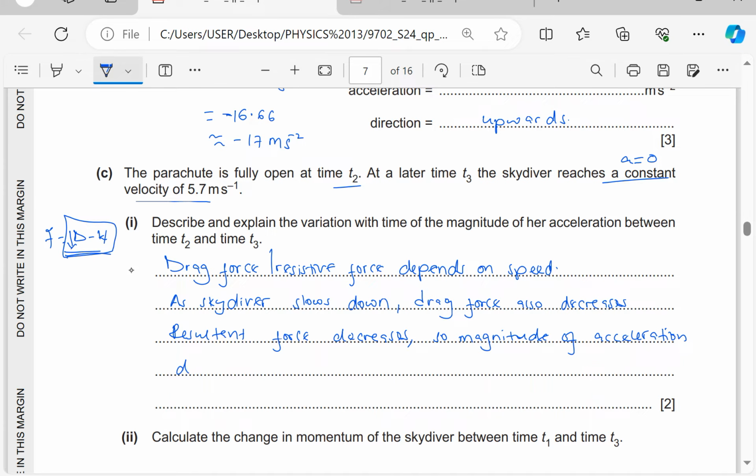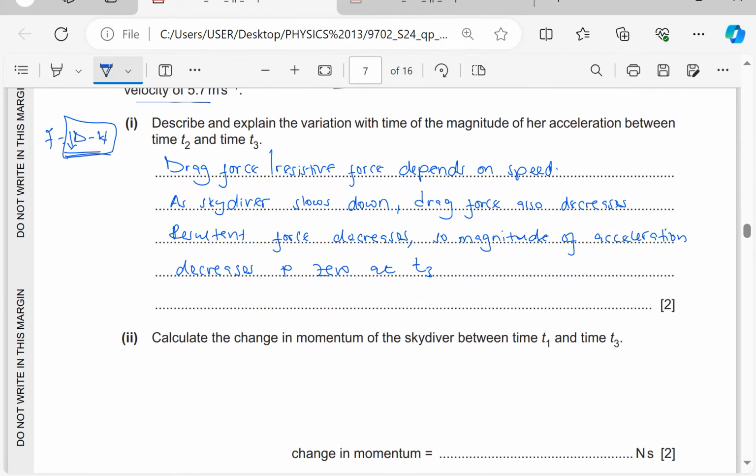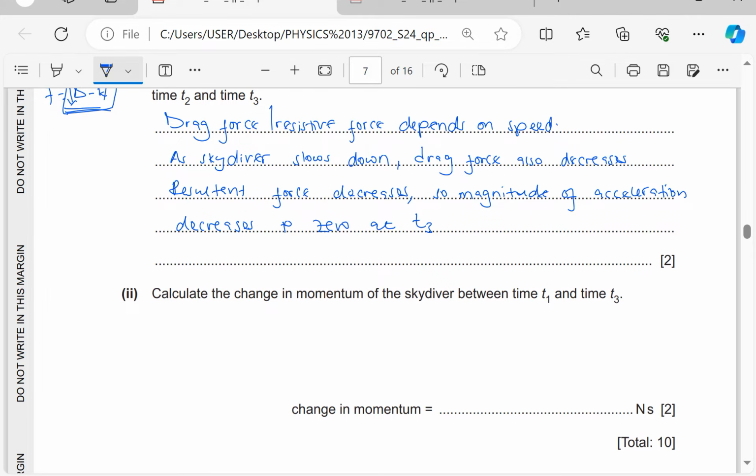Of course, when we reach a constant velocity, the acceleration has reached 0. So I'll say it decreases to 0 at t3.